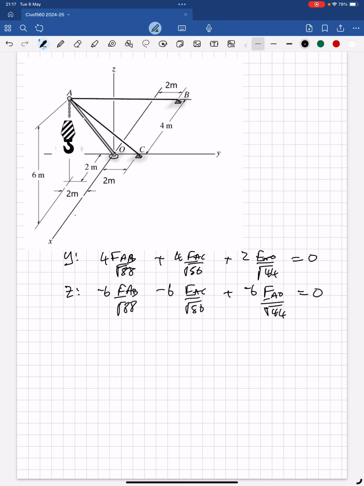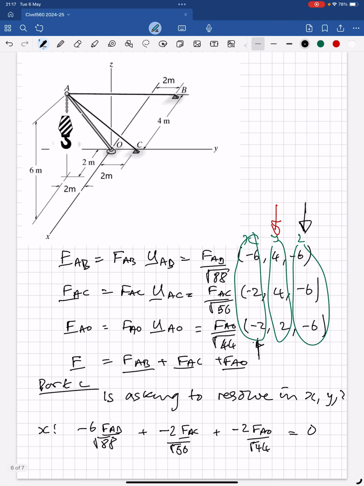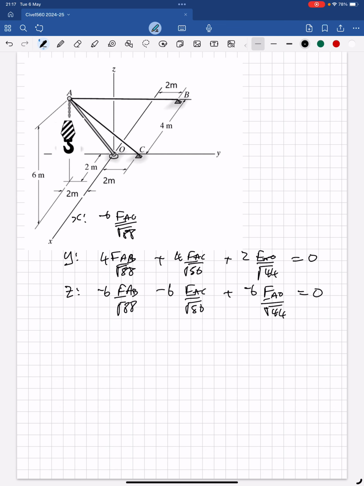I probably should just write x here at the top again. So what was x? Minus 6 FAB over root 88 minus 2 FAC over root 56 minus 2 FAO over root 44 equals 0. Now I've made a mistake here.